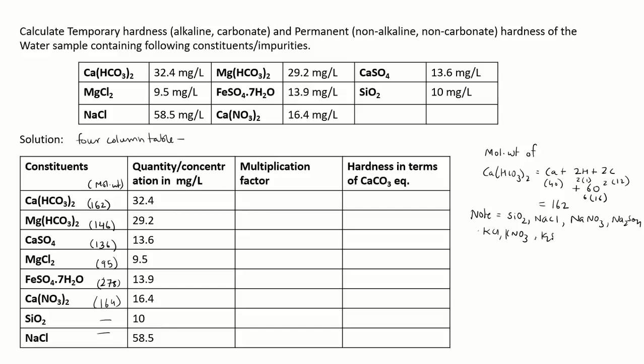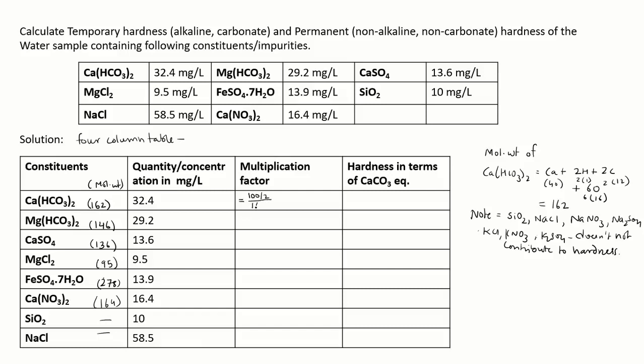Multiplication factor is the chemical equivalent of calcium carbonate divided by the chemical equivalent of the hardness-producing salt. For example, in the first case it is 100 divided by 2, divided by 162 divided by 2. Why 2? Because 2 is the valency of calcium, so it is 100 by 162. This is the multiplication factor.